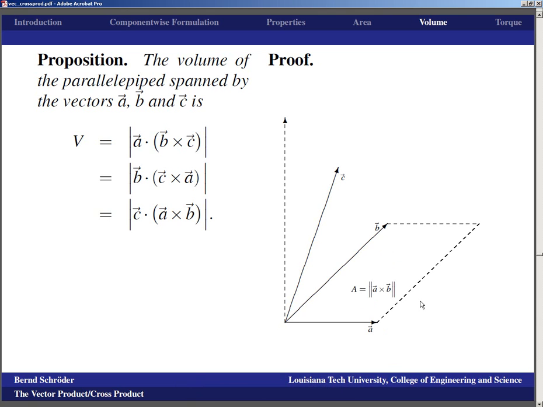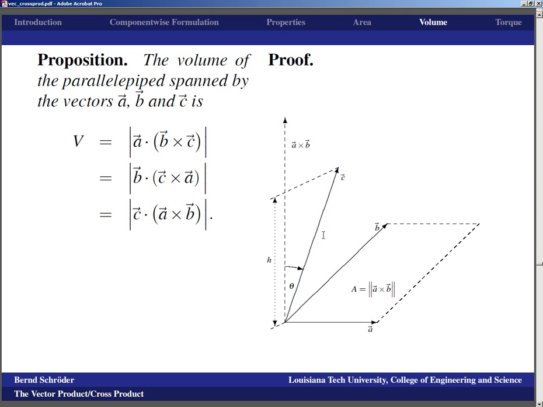Now it gets difficult, because we need the third dimension, but we do know that the cross product A cross B stands perpendicular on the plane defined by A and B, which means it will be useful to compute the height of the parallelepiped, because if I project C onto A cross B, I get that this projection here is the height. Well, how do I figure out that height? This angle here is the angle theta between C and A cross B, and the height is therefore, well, let's see, what do we have?